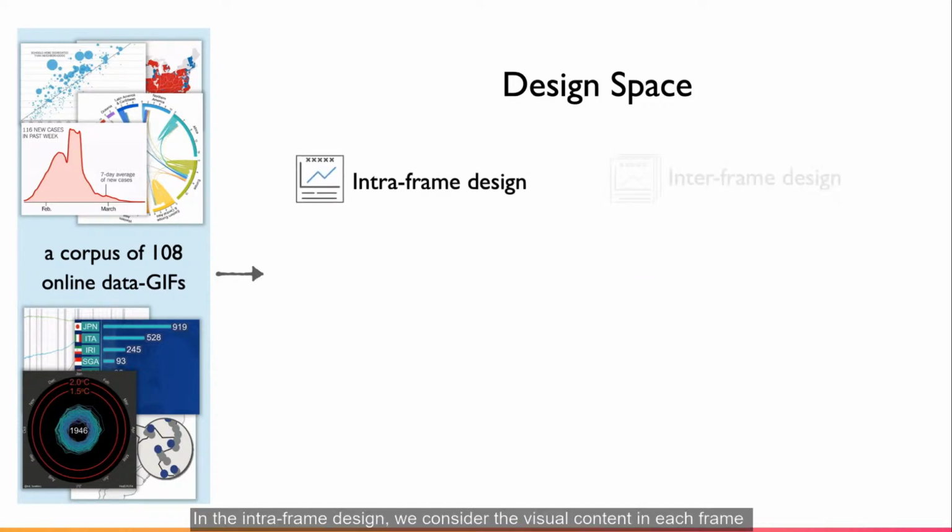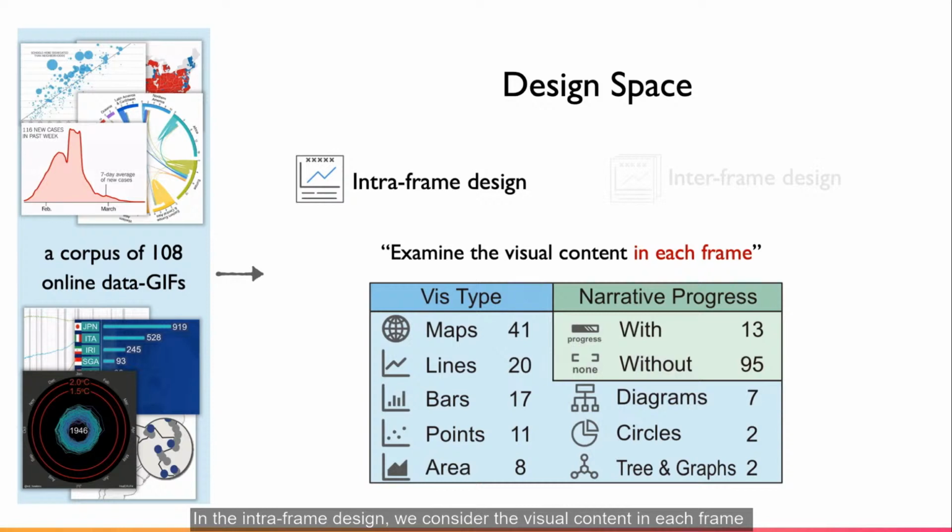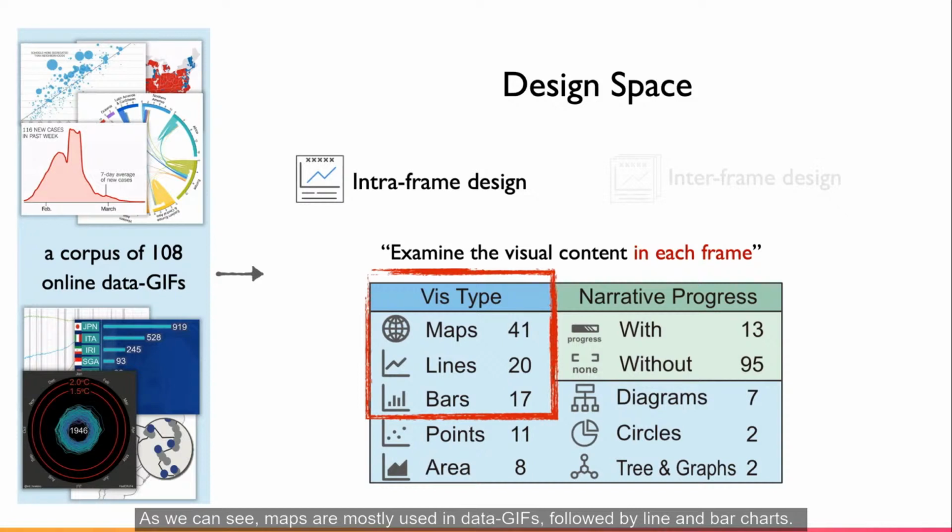In the intra-frame designs, we consider the visual content in each frame, namely visualization types and narrative progress. As we can see, maps are mostly used in data GIFs, followed by line and bar charts. That is, basic charts almost dominate the GIF designs.